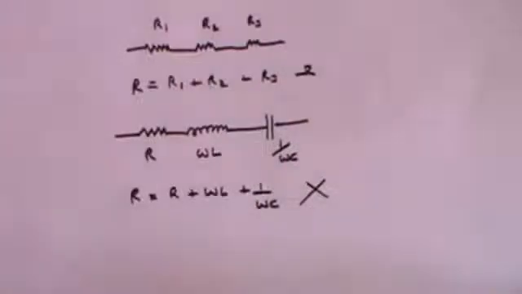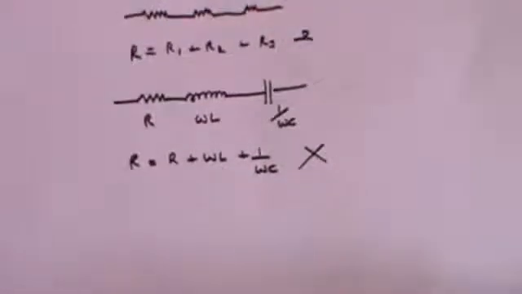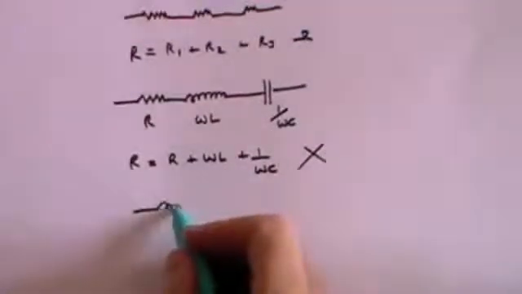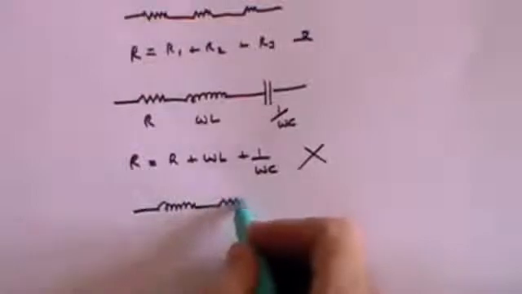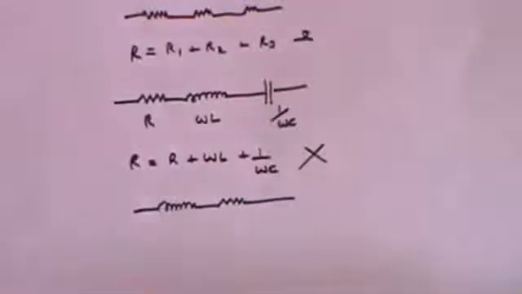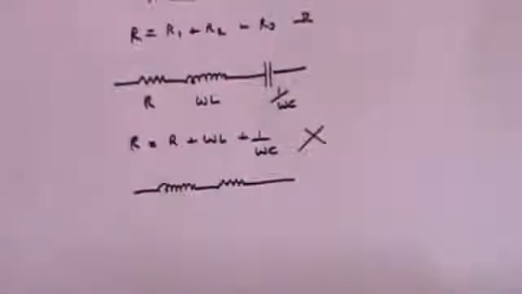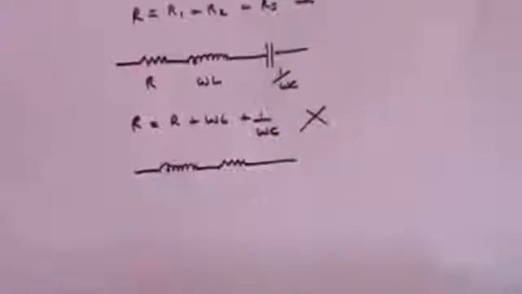The reason that that is wrong is that you have taken no account of the fact that there is a phase angle associated with the capacitor and with the inductor. Let's, for simplicity, just consider a circuit in which we have an inductance and a resistance. We'll come to a capacitor in a moment, but for the moment let's just keep two elements in our circuit.